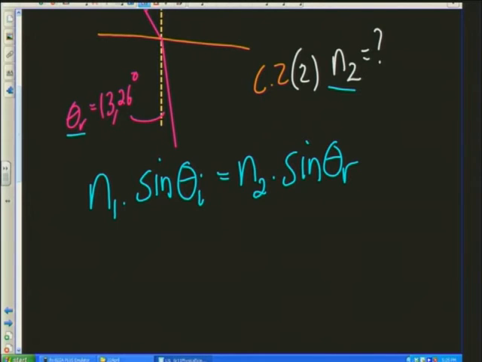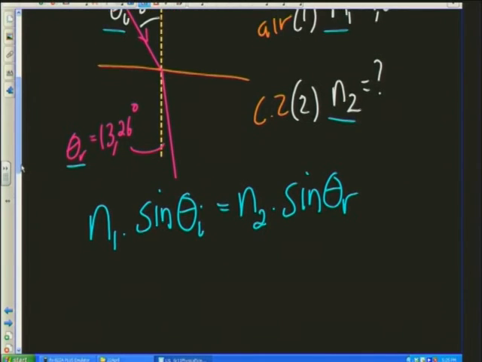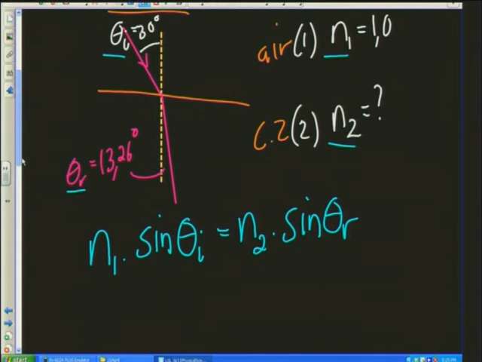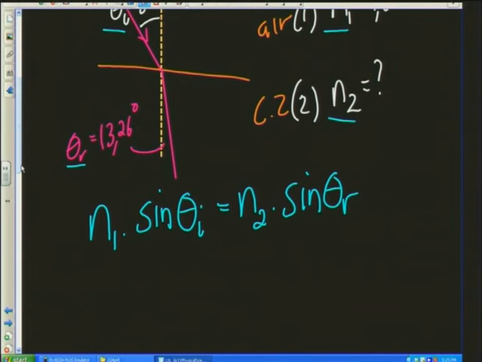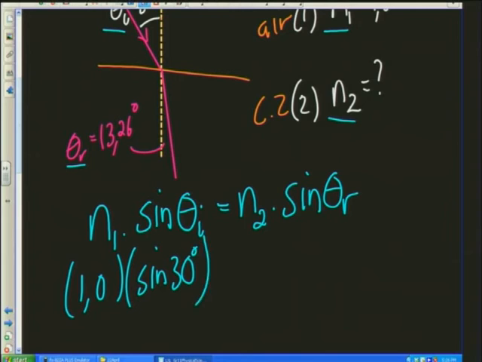Now, guys, substitute everything that you know. And when you substitute, you're going to put it in brackets. What was n1? n1 was air. So we're going to put 1,0. We're then going to put in brackets sine of the angle, 30 degrees. Make sure you put the degree sign in. What is n2? No, that's what we're trying to find. Don't be fancy. Substitute, and even put this in brackets if you like.